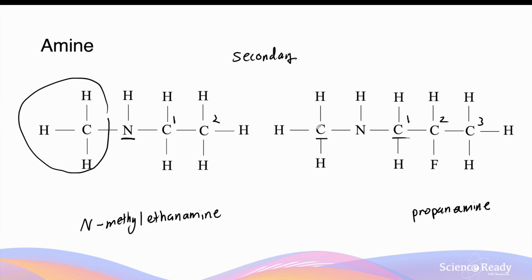The methyl group is again on the nitrogen atom, so we'll call this N-methyl propanamine. In addition, there's another fluorine atom on the second carbon of the propanamine, so we can easily describe this as 2-fluoro-N-methyl propanamine. Notice how I've written the fluorine before the methyl because F comes before M in the alphabet.